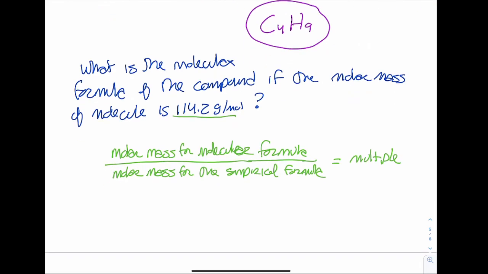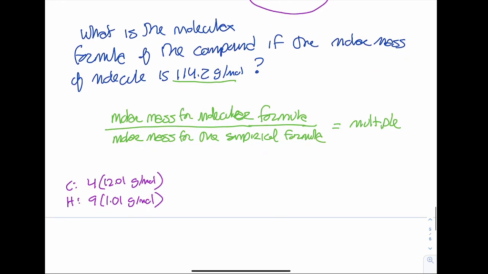So the molar mass of the molecular formula is given to us. We do need to calculate the molar mass of my empirical formula. So we just solved for it and said we have 4 carbons and we have 9 hydrogen. Again, those values are just coming from our periodic table.